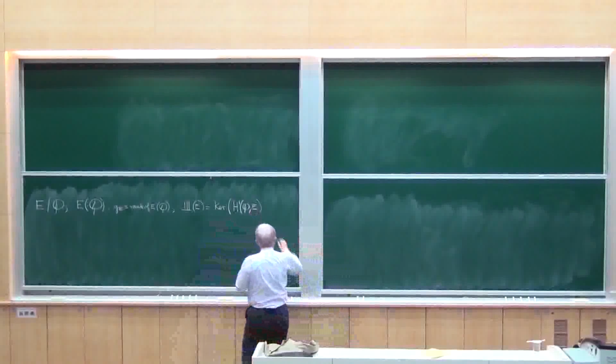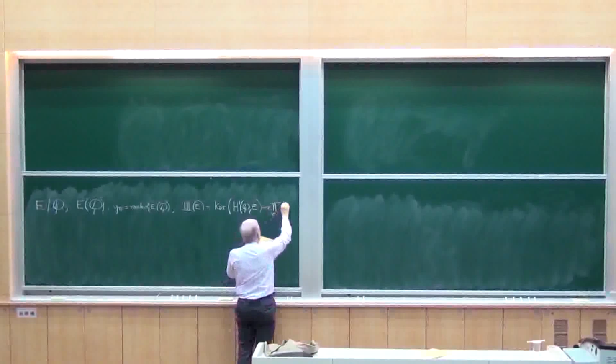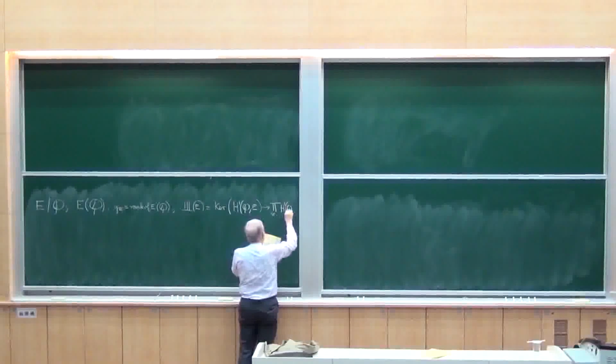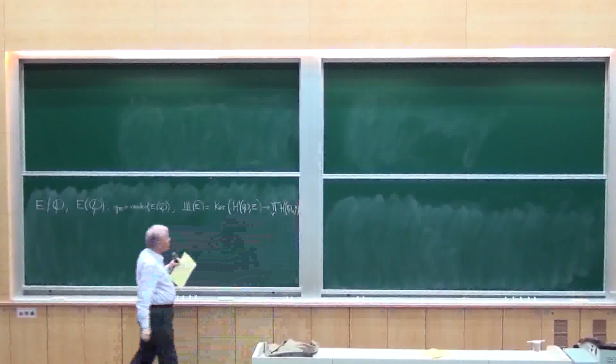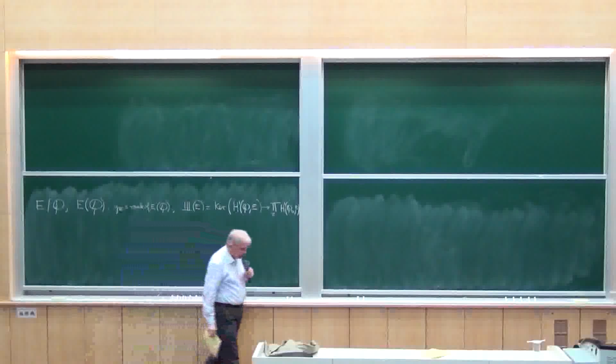And then you look at all the locally trivial elements in here. So you look at the corresponding groups over the completions of Q at all places v, and this is the infamous Tate-Shafarevich group.